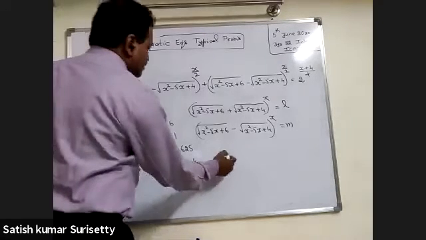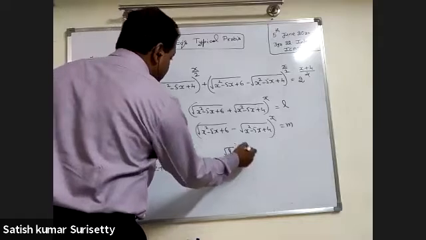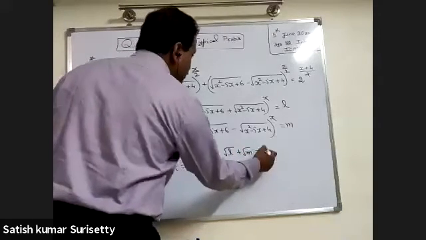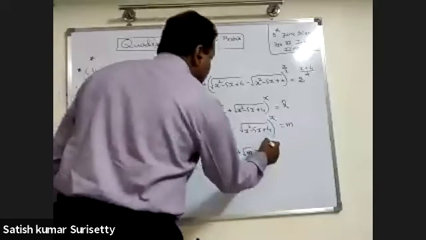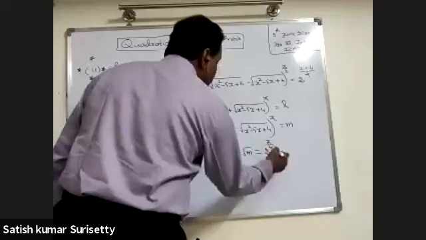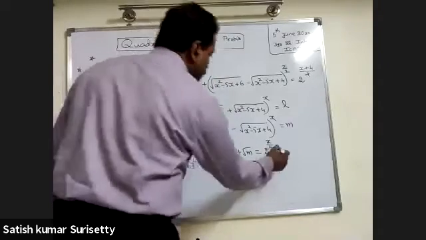Root L plus root M. Root L plus root M equal to 2 to the power of x by 4 into what? 2.